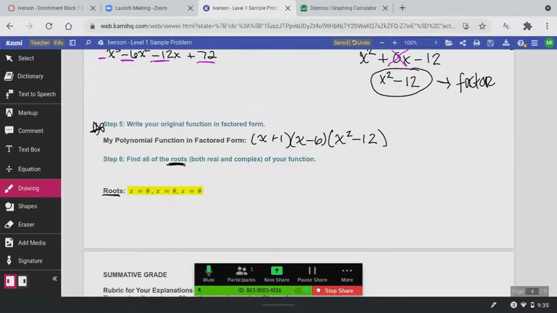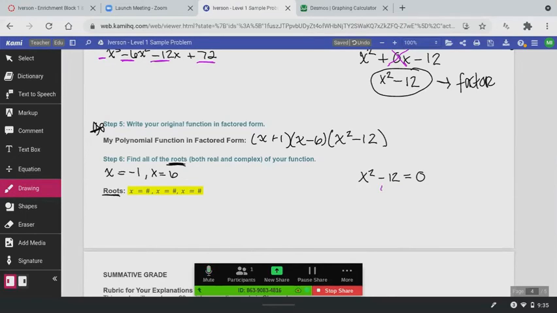So 2 of our roots, we can write right away, is x equals -1 and x equals +6. I have 2 more roots that I need to find, and I'm going to do that by solving for x squared minus 12 equals 0.